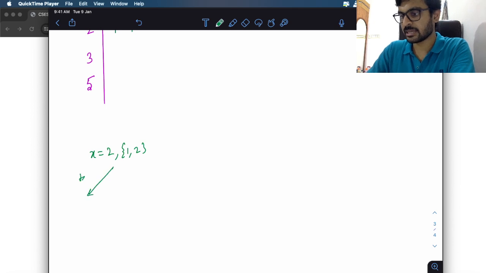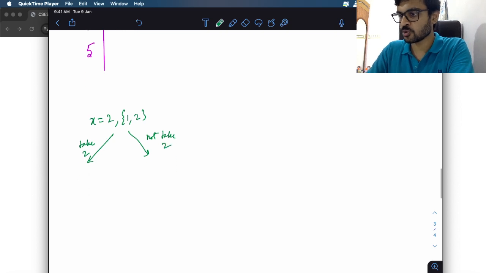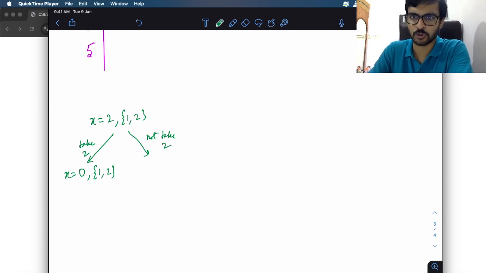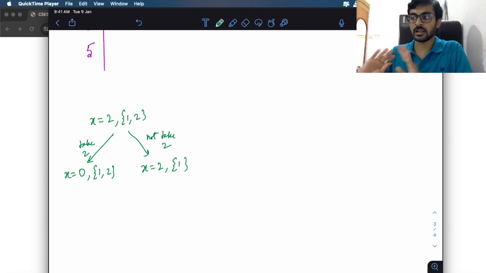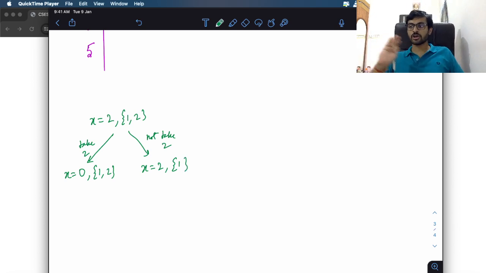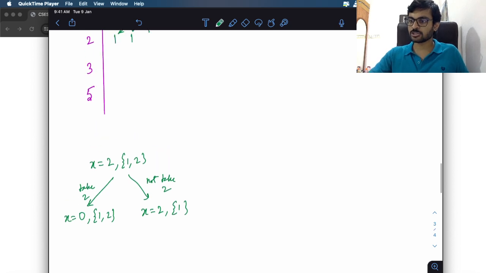You can take 2 or you will not take 2. If you take 2, then you will remain with x equal to 0, and you can use 2 or not use 2, it's up to you, because you have taken 2, so previous elements can go up to 2. And if you don't take 2, then your x remains the same because you have not taken that element, and now you cannot take 2 because you have declared, I have not taken 2. Basically 2 will not be my last element. That is your declaration. So these are the two cases.